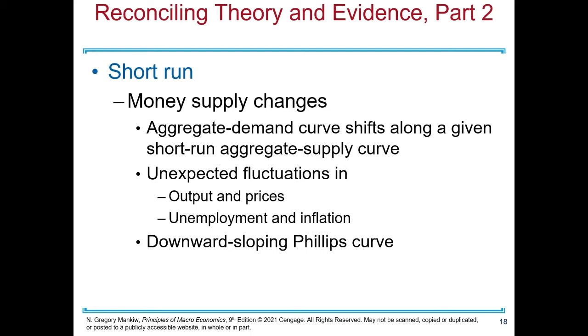In this way, Friedman and Phelps explained the downward sloping Phillips curve that Phillips, Samuelson, and Solow documented. By suddenly changing monetary policy, the Fed creates unexpected inflation, but this only lasts in the short run.